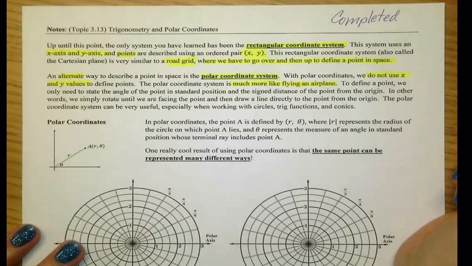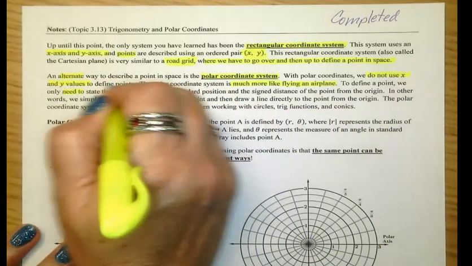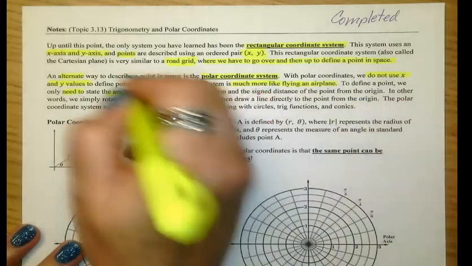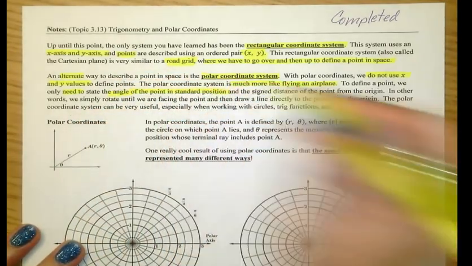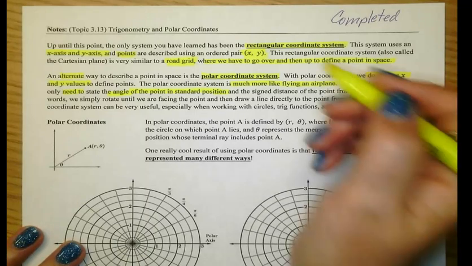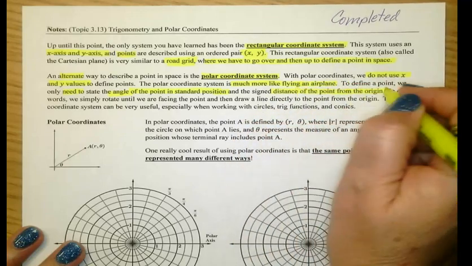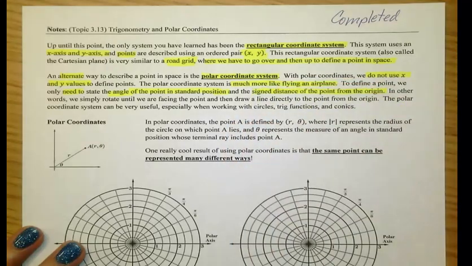So to define a point in this system, we only need the angle, and that's the angle of a point that's going to be in standard position, which we know means starting at the positive x-axis and rotating counterclockwise. And then we need to know the distance of the point from the origin. And it says signed right there because we can reverse direction with a negative sign, and we'll talk more about that in a minute.